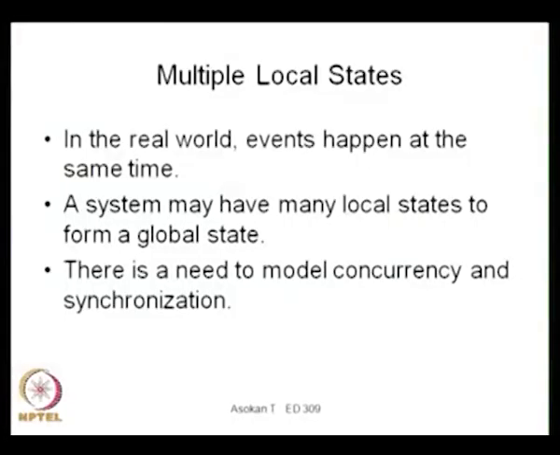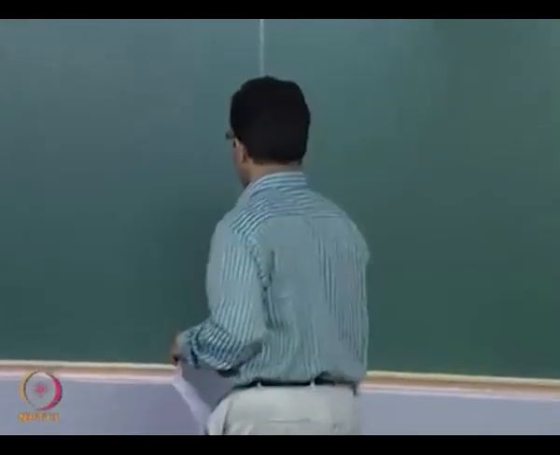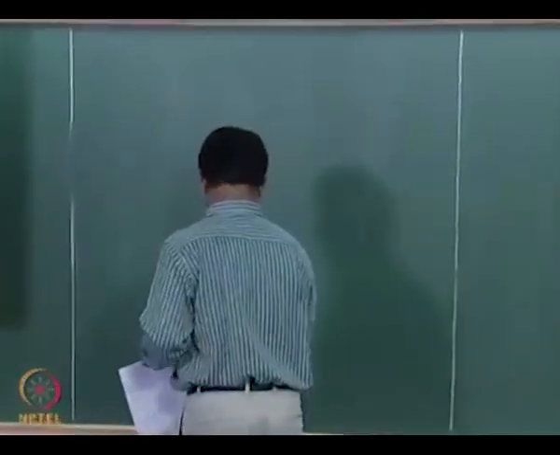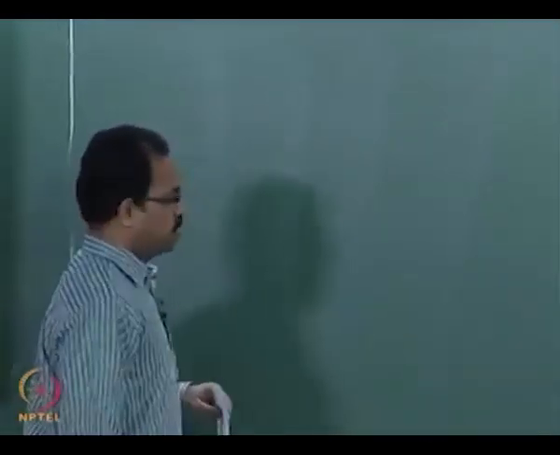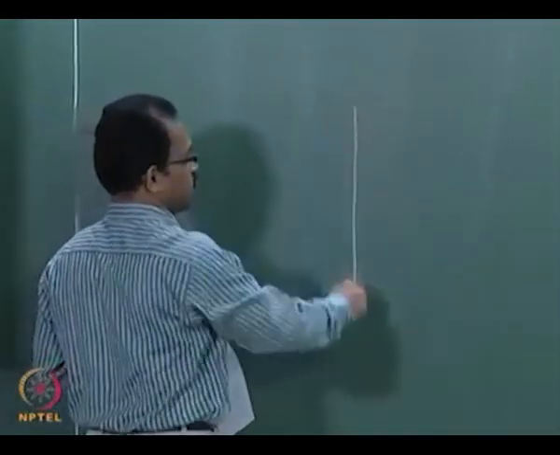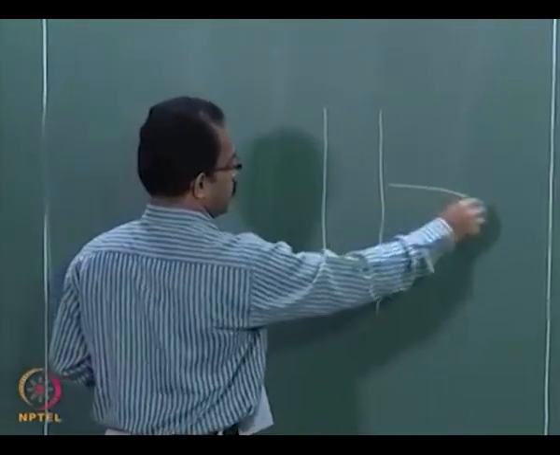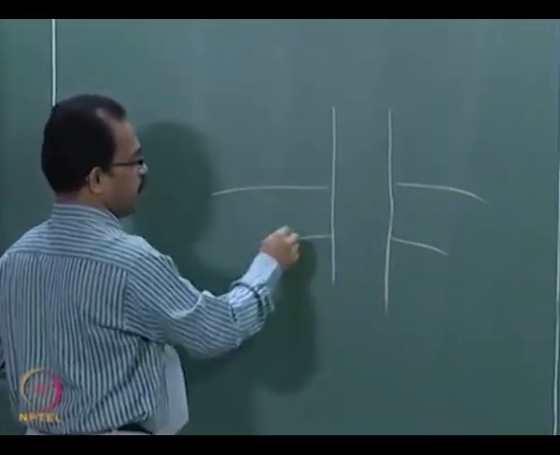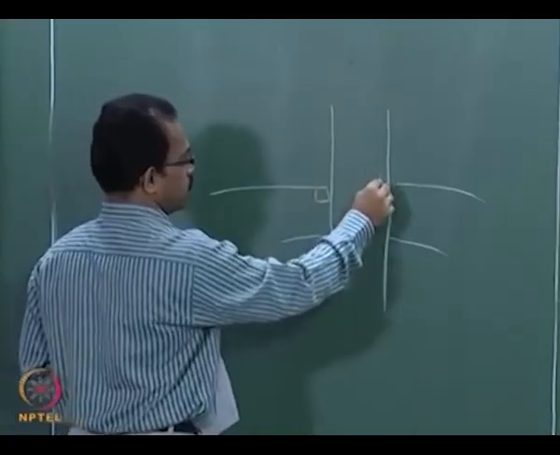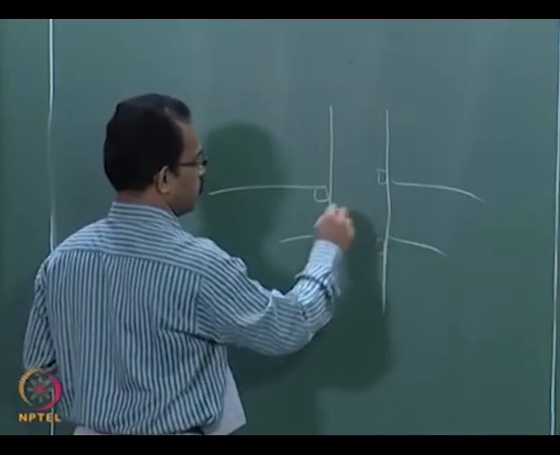I will take a very familiar example, which is a traffic signal. Basically we all know that traffic signals are to be synchronized with other signals. Suppose you have a junction and you want to show the signals on both sides, so you will have a signal at this point and a signal here, and of course here also.